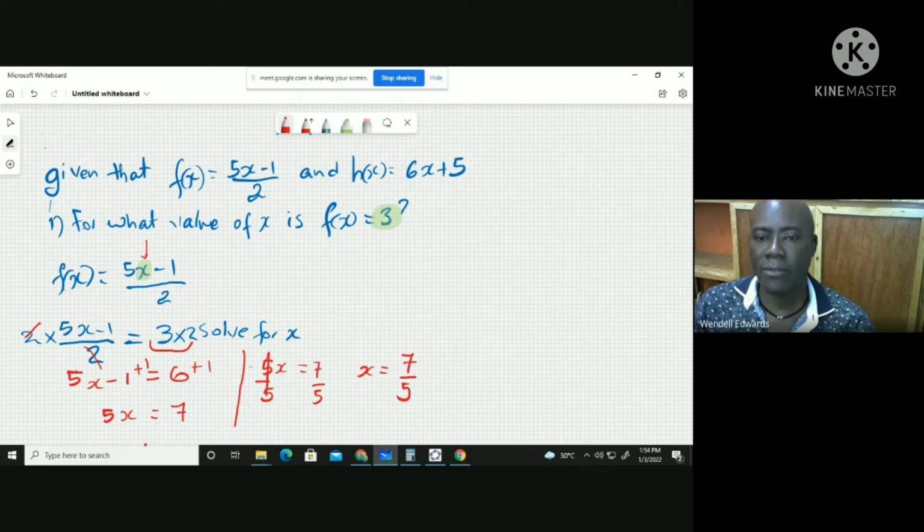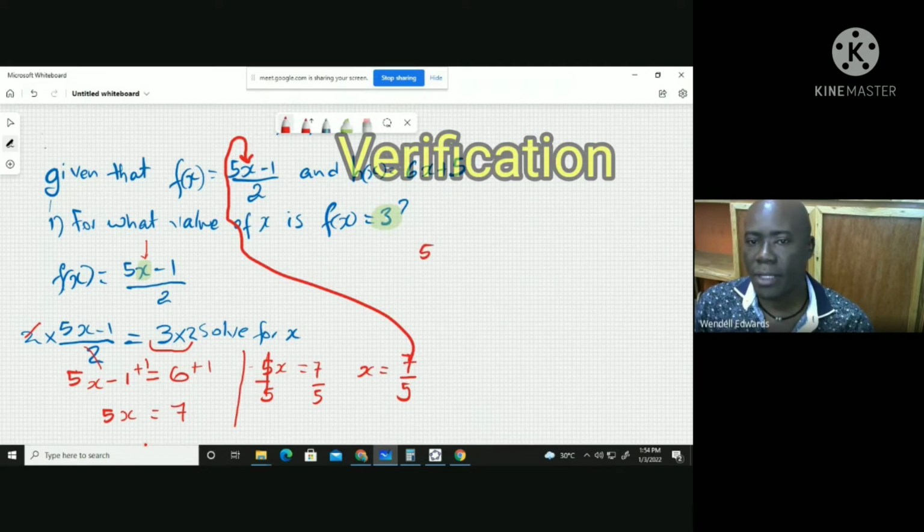What is this saying for the math? It is simply saying if I substitute 7 over 5 here and work out all of this, I should get 3. So let's prove this quickly. 5 times 7 over 5 minus 1, then we divide this by 2, I should get 3. Definitely 5 over 1, you could see here, 5 cancels 5.